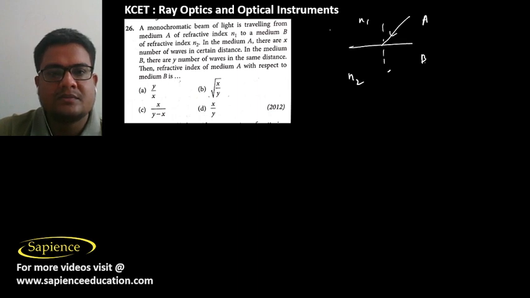In medium B, there are y number of waves in the same distance. The refractive index of medium A with respect to medium B is how much?